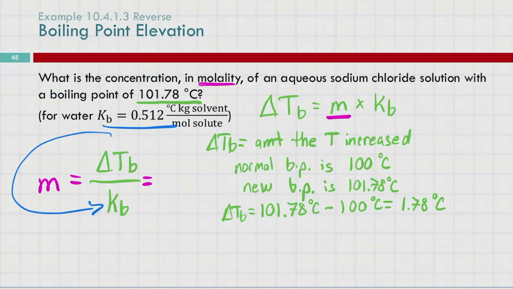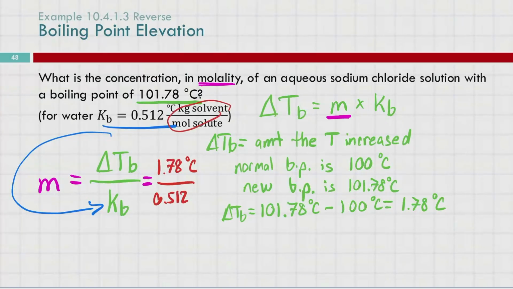That's the only hard part about this question, in my opinion. That is where most of you are going to go astray or awry. So we plug in that 1.78 degrees Celsius and the 0.512.